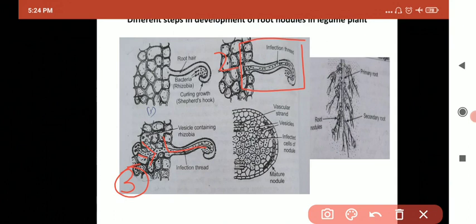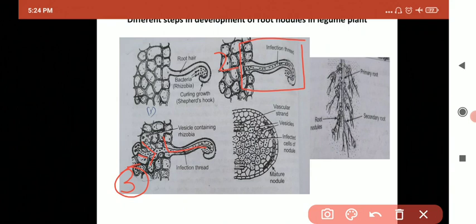Now these bacteria stop dividing, lose their cell wall and become nitrogen fixing bacteroids, and further the infected cortical cells divide rapidly to form the nodule. It is finally connected with the vascular tissue of the roots for nutrient exchange.